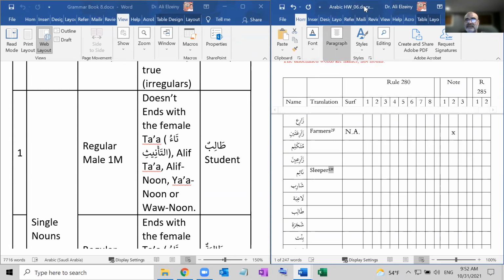Now, صرف is allowed because it's not any of the one cases in rule 280.